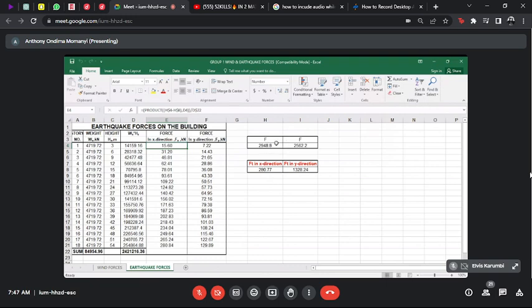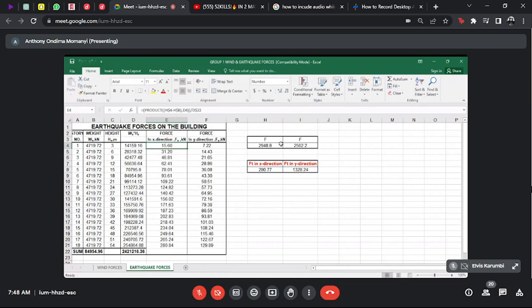So this value we just inputted there. In the x direction the total force was 2948.8 kilonewton. In the y direction it was 2562.2 kilonewton.